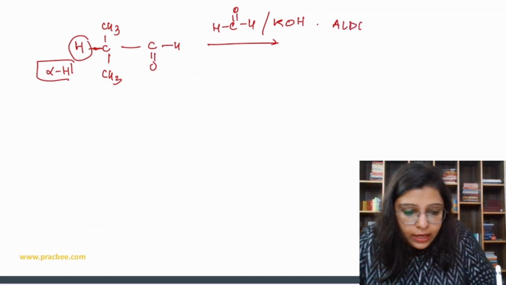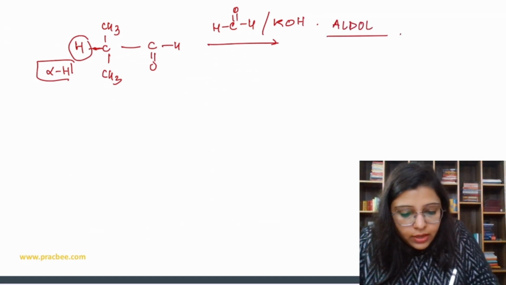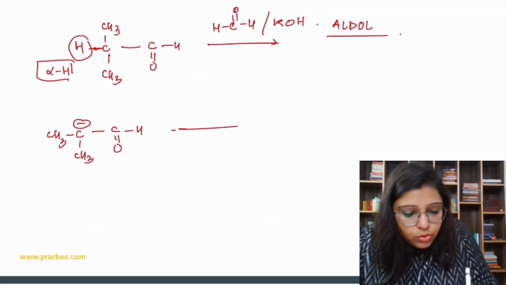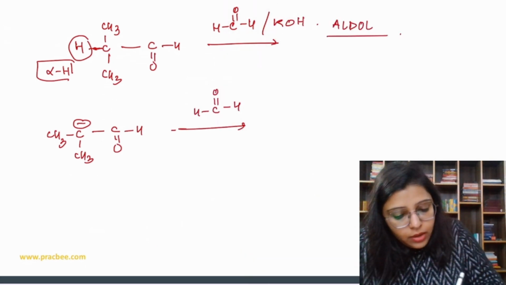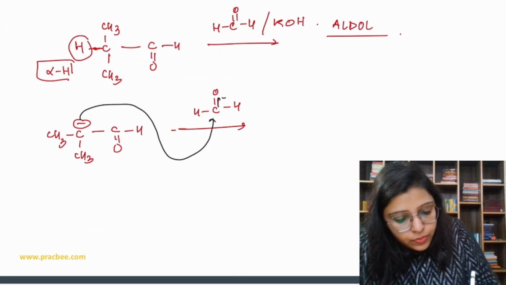So it means first we are writing CH3 CCH3 minus C double bond OH. Then it is going to attack on carbonyl carbon present in methanal. Okay, so we have this kind of situation.